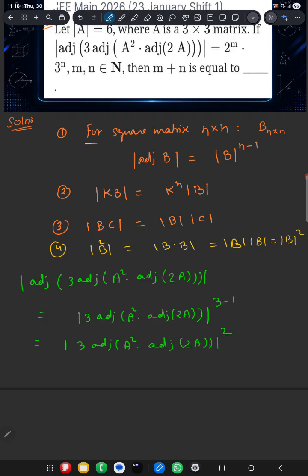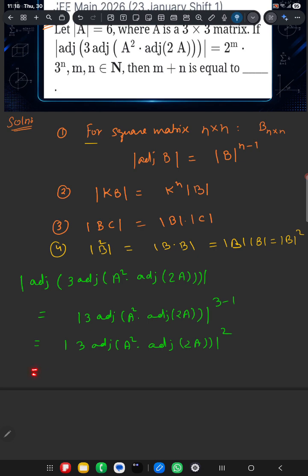Now we will solve which portion? First of all, this 3 into this matrix. This is a scalar quantity, this is some matrix. So when it comes out of the determinant, 3 will be raised to the power n, where n is the order of the matrix, here 3. So 3 raised to the power 3, and the outer power is 2, so 3 to the 6. Yes or no?